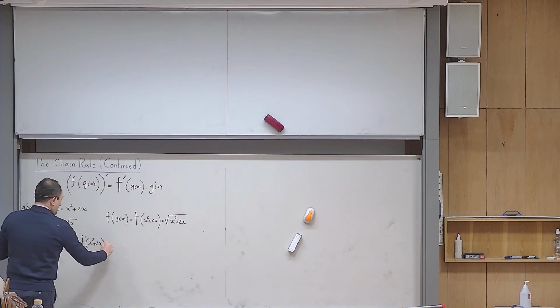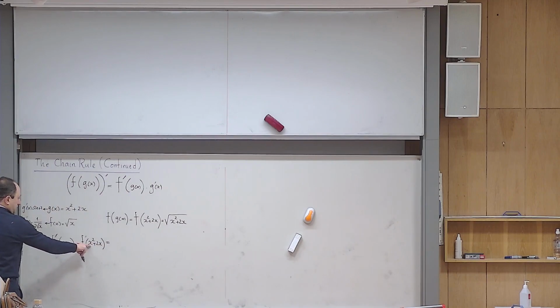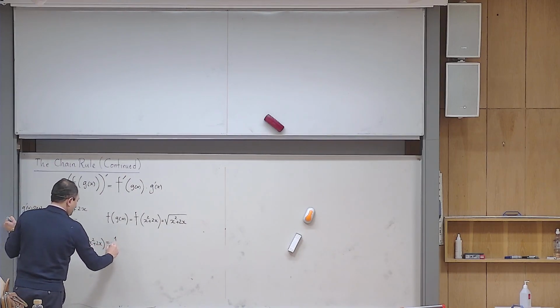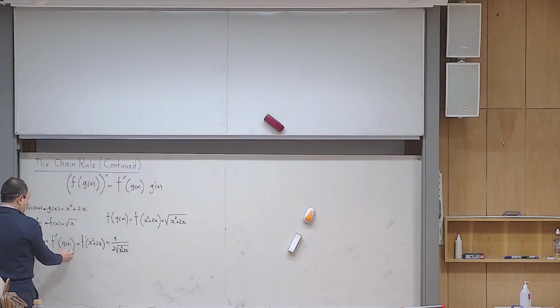And this is the new input for the function f prime. So I take the input and replace it with this one. So this becomes 1 over 2 square root of x squared plus 2x. And then I found the answer to g prime.